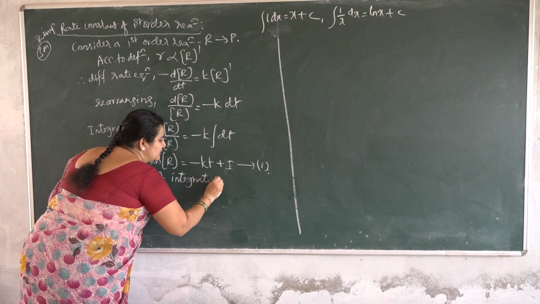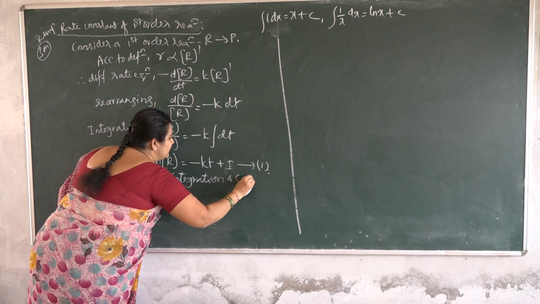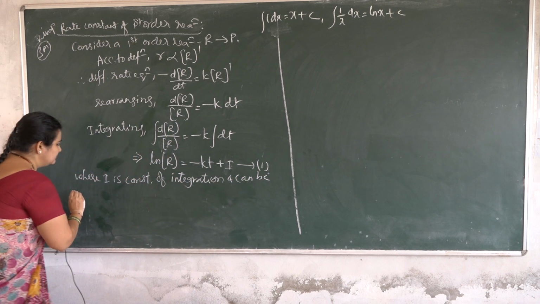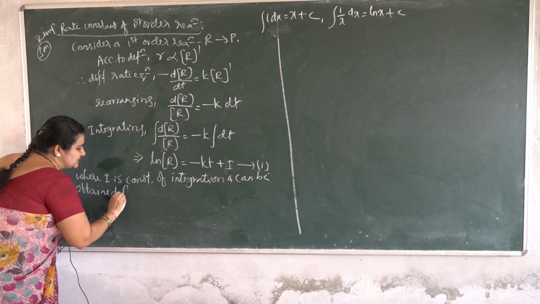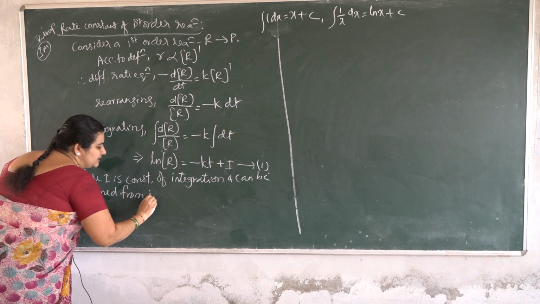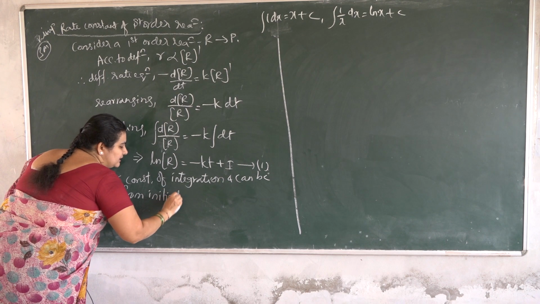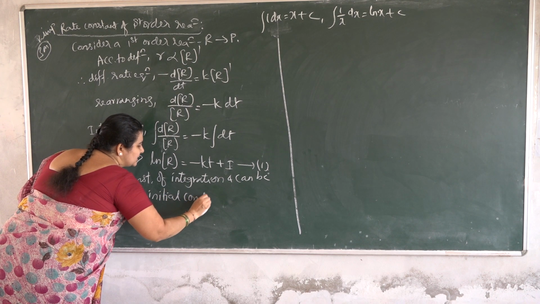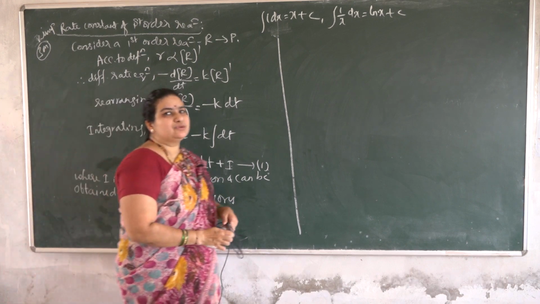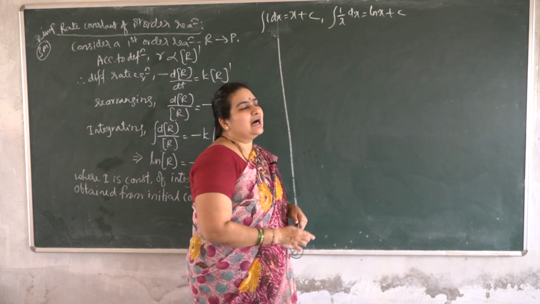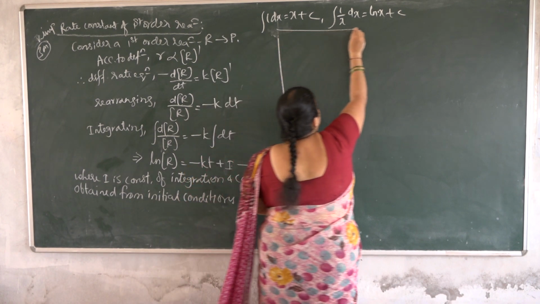It can be calculated and obtained from the initial conditions. What are the initial conditions here? The same initial conditions we used in the zero order reaction are used here.